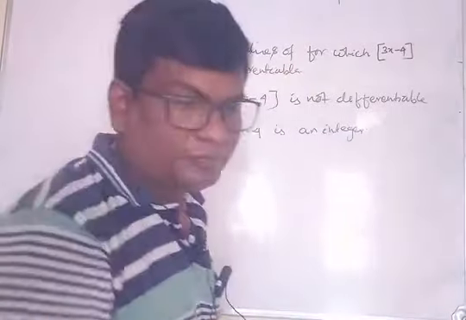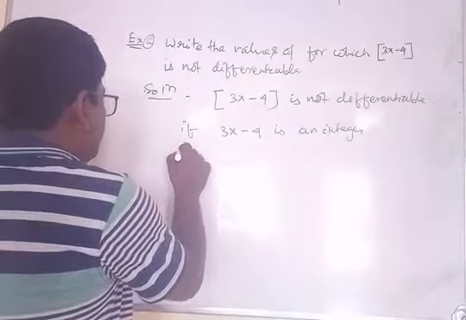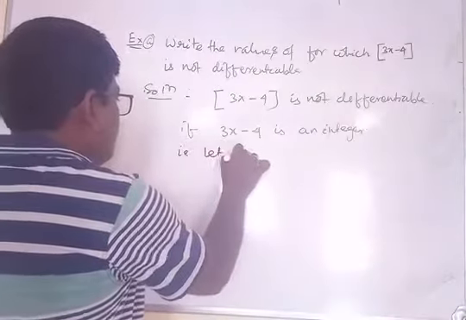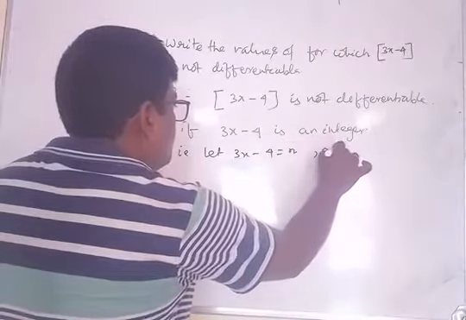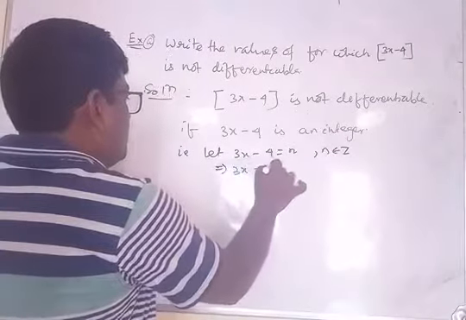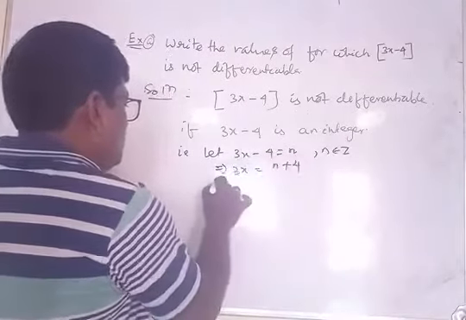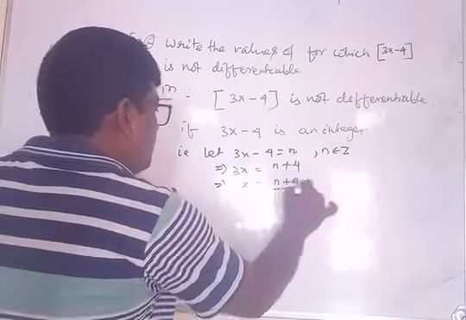Let 3x minus 4 equal n, where n belongs to Z, and 3x is equal to n plus 4, and x is equal to n plus 4 by 3.